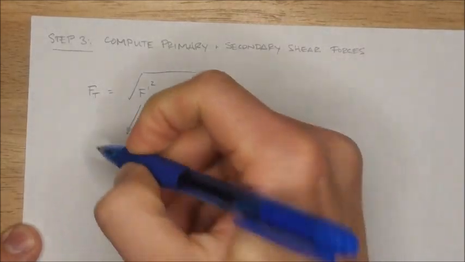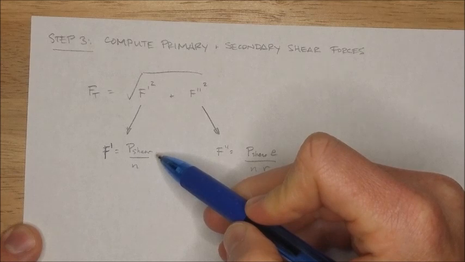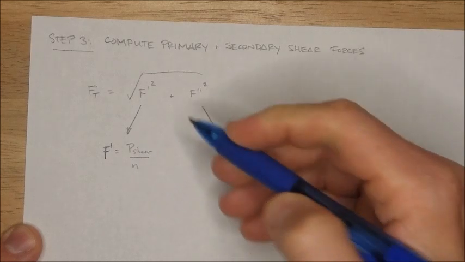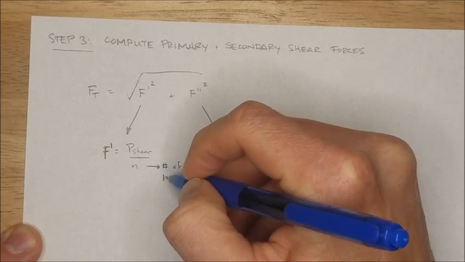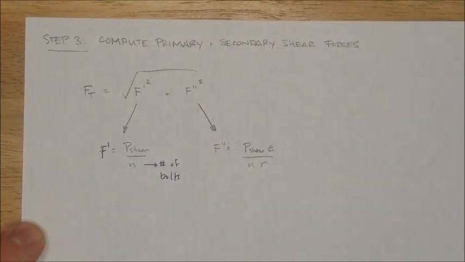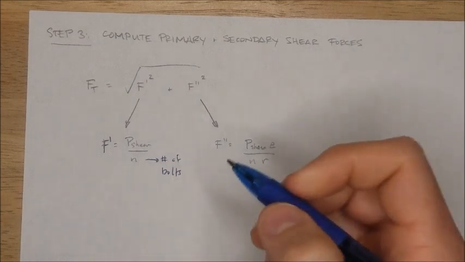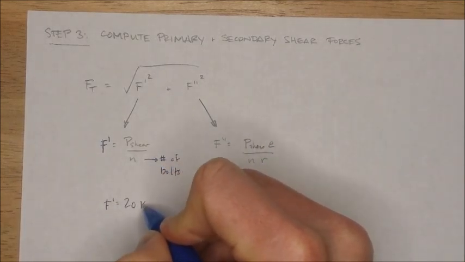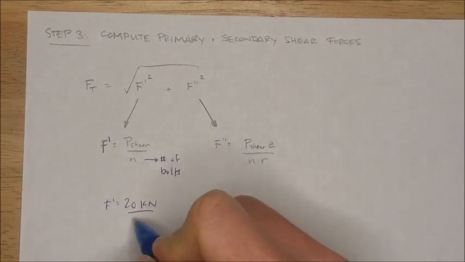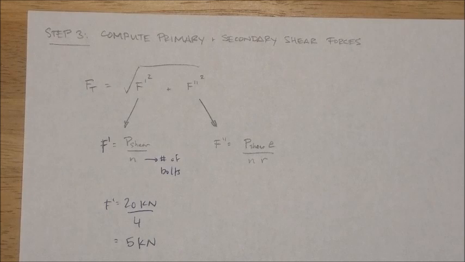Your primary shear force, F prime, is the applied shear force over the number of fasteners, so N number of bolts. Let's quickly solve for that. F prime equals our 20 kilonewton applied force divided by 4. F prime is 5 kilonewtons.